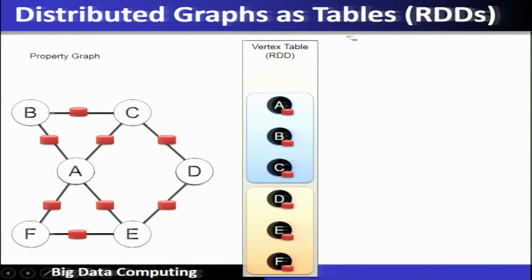This particular graph, which is called a property graph, has the vertex property table and the edge property table. The vertex property table will be represented as a distributed table of the vertex table. So, this is called the vertex table RDDs, which are supported in GraphX.